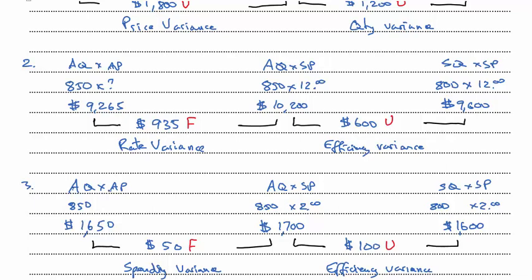As long as you get down to AQ times AP, AQ times SP, SQ times SP, and you remember that when you're figuring out the standards, it's the standard cost or standard amount for the actual production, right? So the standard input that you should have used for the actual amount of output that you got. If you can keep that straight in your head, you can probably puzzle your way through the rest of this stuff. And that concludes the exercise.